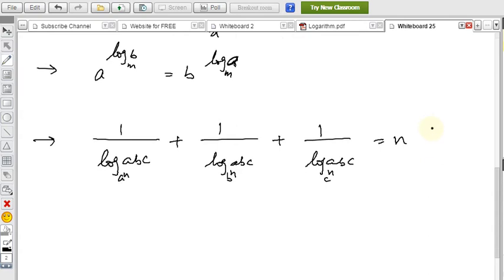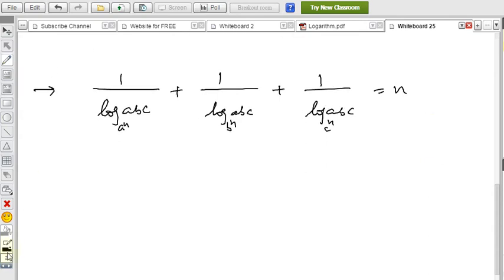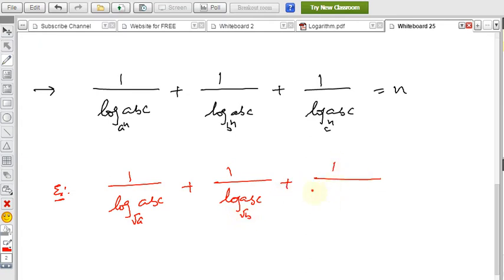Okay, I will write an example here. See the example: 1 by log abc to the base root a, plus 1 by log abc to the base square root of b, plus 1 by log abc to the base square root of c.